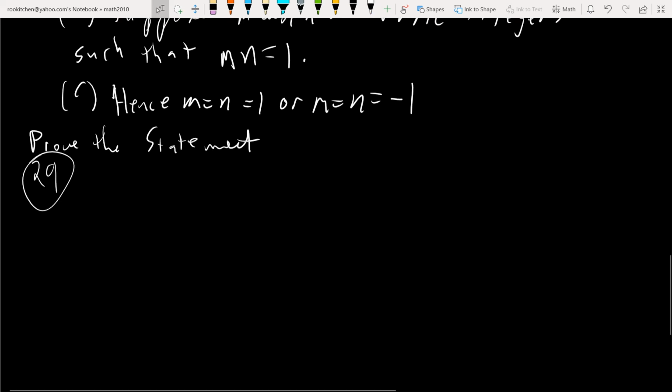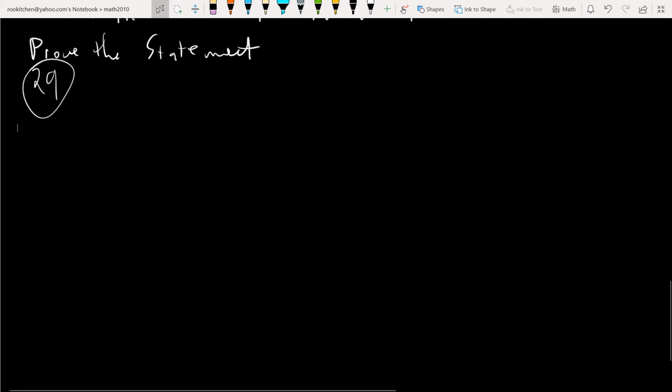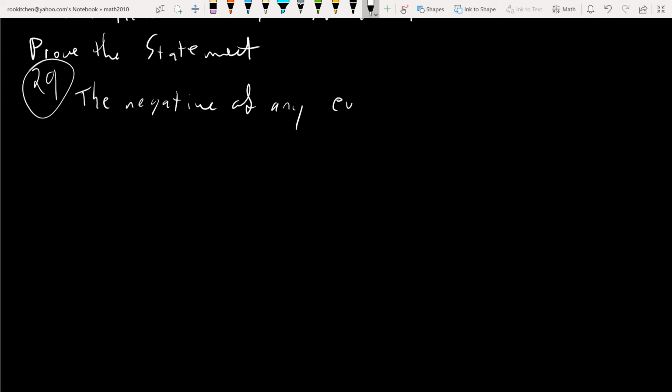29. What are we doing? The negation of any even integer is even. The negative of any even integer is even. First, I recommend rewriting it in symbol form so you can pick out the if part and then the then part.